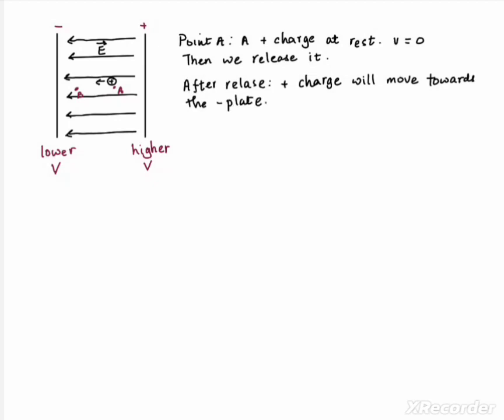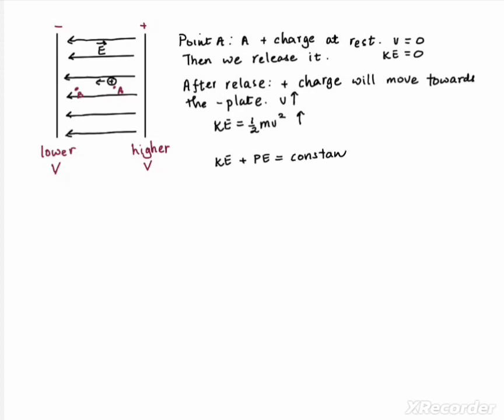So what is happening to the velocity? Velocity is increasing here. If you remember, our kinetic energy is 1/2 mv squared. So what is happening to the kinetic energy? Right here we have our kinetic energy that is 0, and now our kinetic energy is increasing as it moves from A to B. Conservation of energy tells us that kinetic energy plus potential energy is a constant.